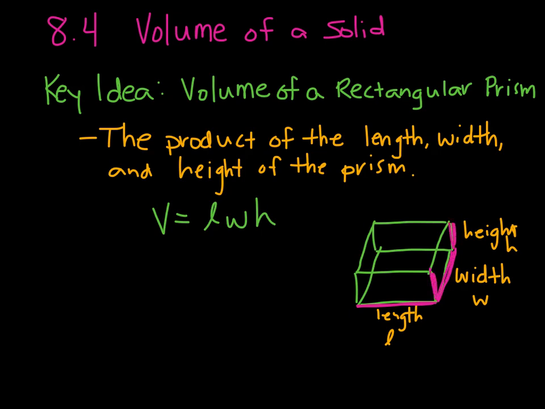So your height would be this, and this, and this, and they're all the same in this case. Your length would be these long ones, okay? All those edges. And then your width would be all the edges this way.